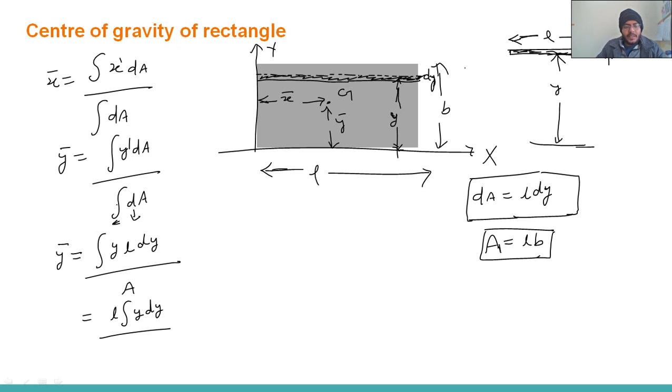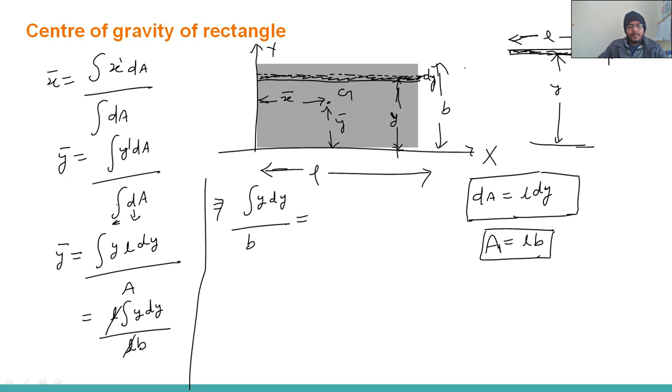In the denominator, capital A is L into B, so we write L into B. Now L will cancel, and we can write integration of y dy divided by B.